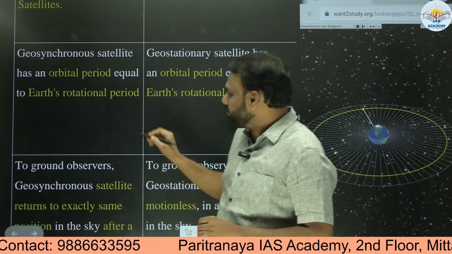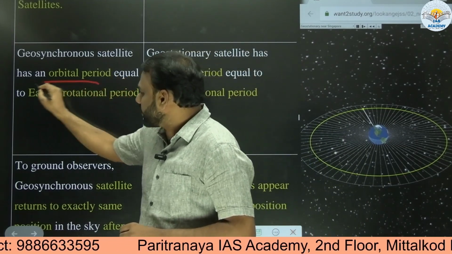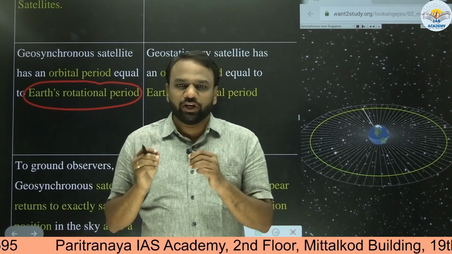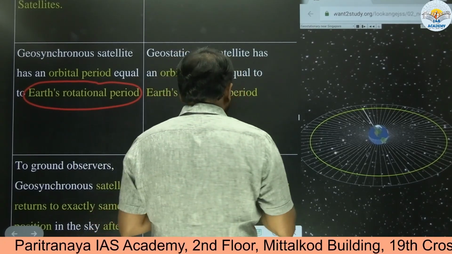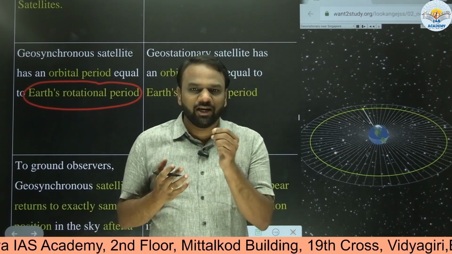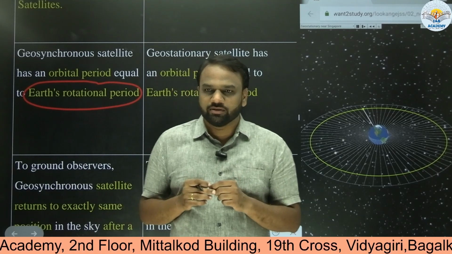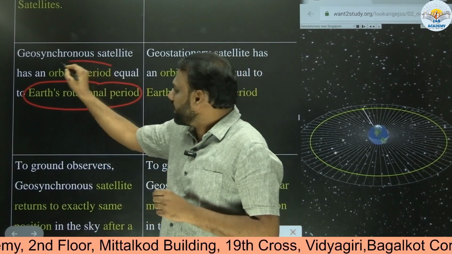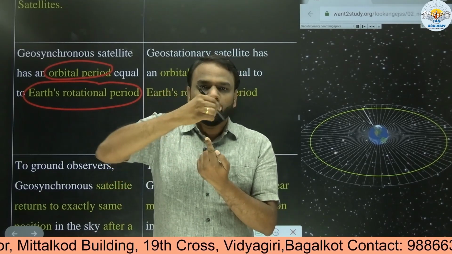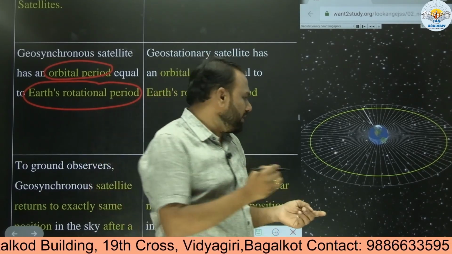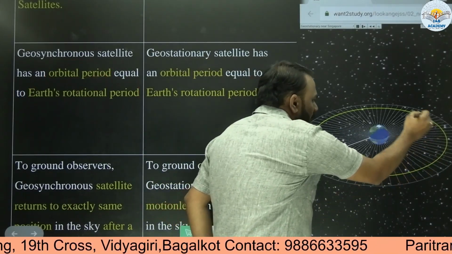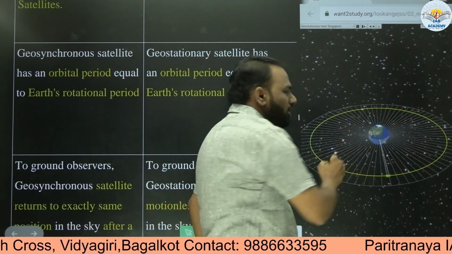Earth's rotational period is the time taken by the Earth to complete one rotation around its axis, approximately 24 hours. The orbital period is the time taken by the satellite to make one round around the Earth.